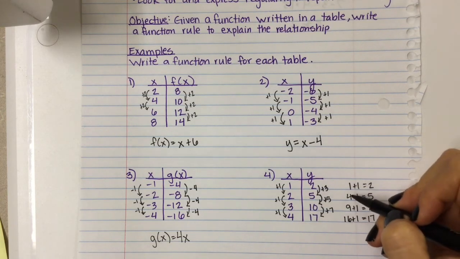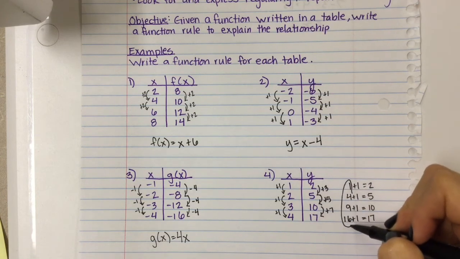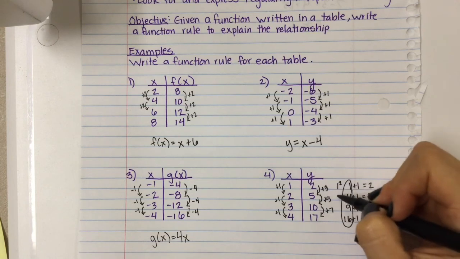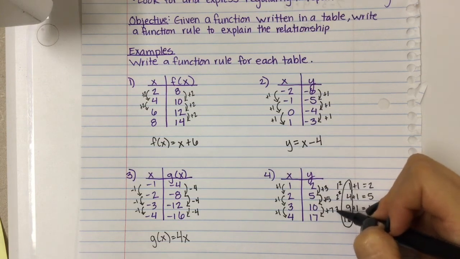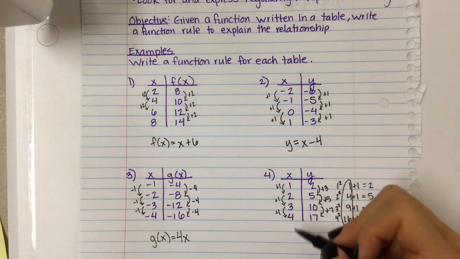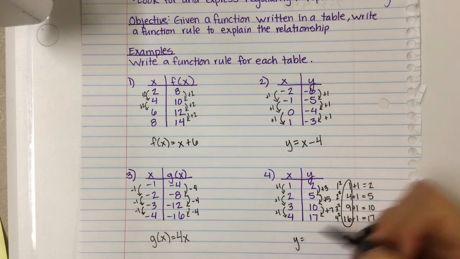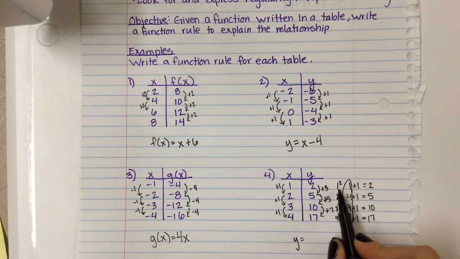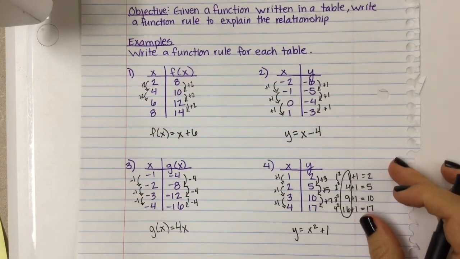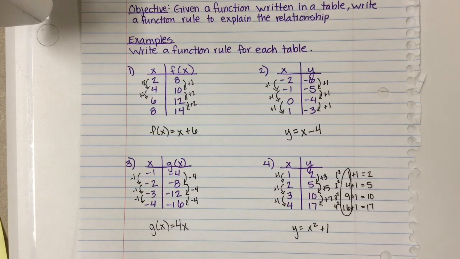Now hopefully you recognize these numbers as perfect squares. That's 1 squared, 2 squared, 3 squared, and 4 squared. So in other words, to get my y, I took my x and squared it, and then added 1 to that number. Now I know that one took a little bit more of reading into that pattern, but hopefully you see it in the end.